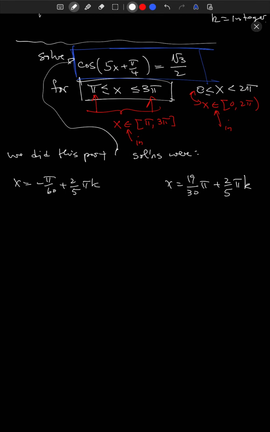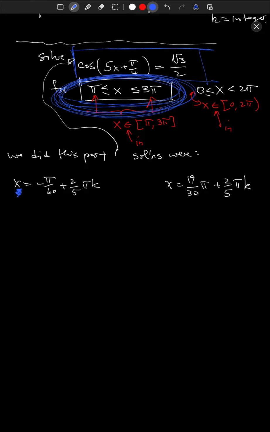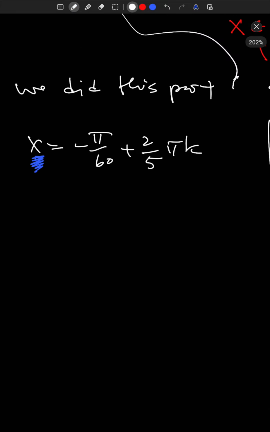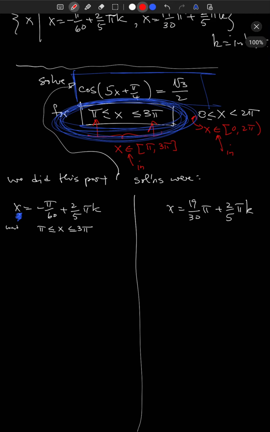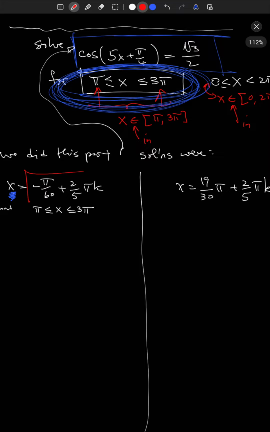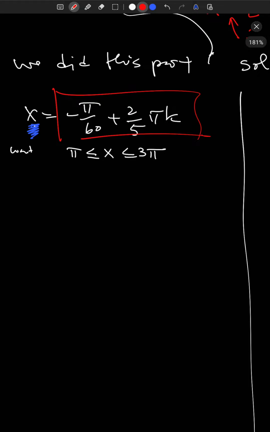Now, what do I need? I'm looking for x between pi and 3 pi. So here's my x. I need it to be between pi and 3 pi. So I want pi less than or equal to x less than or equal to 3 pi. x is literally on the left side of the screen, so I'm just going to replace x with that.